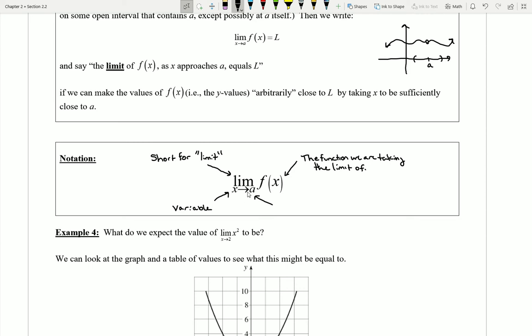Most of the time in specific questions, we won't have a letter a, but instead, like down here in example 4, you'll see a number in its place. And this value is what our variable is approaching.